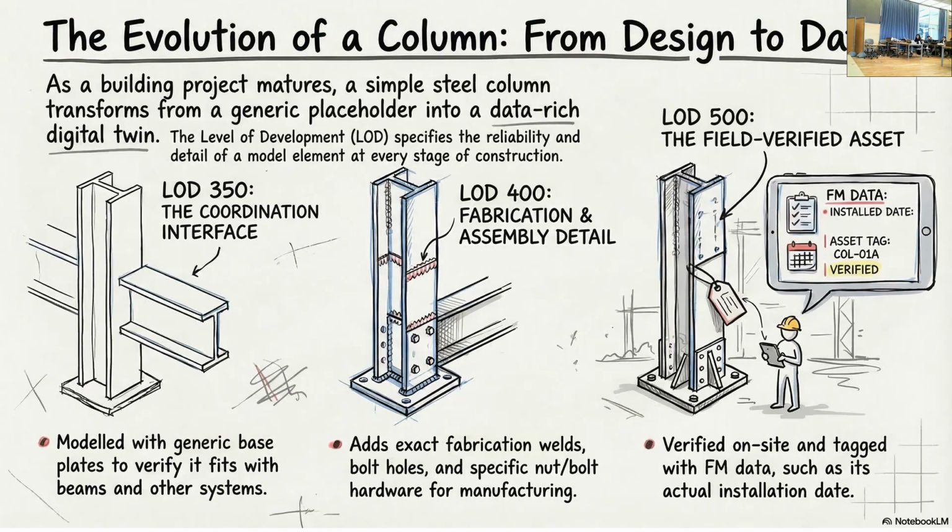So, LOD 350, the coordination interface: as you can see, the beams are exact geometry, and they are related to each other properly. We use generic base plates, and these generic base plates only verify if it fits with other beams and other systems. So basically, that base plate is used for, for instance, a reinforced concrete foundation. Okay, so that's what we need. LOD 400, we have the base plate, we have all the welding and the holes and the bolts, everything is there.